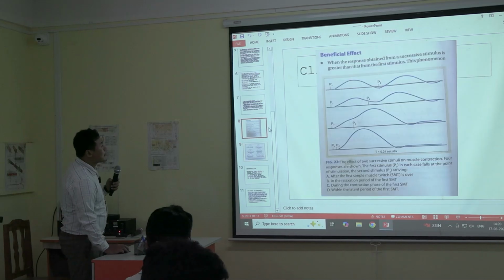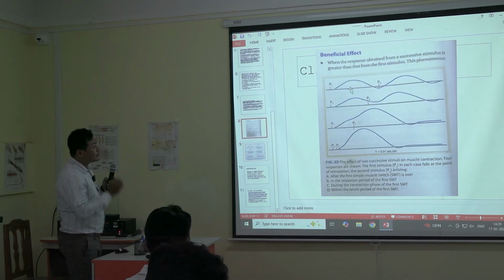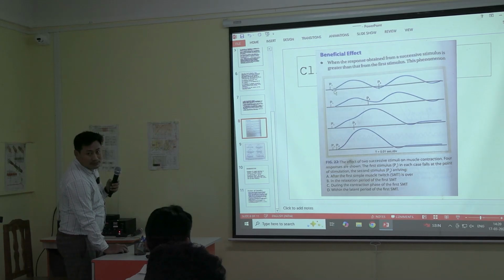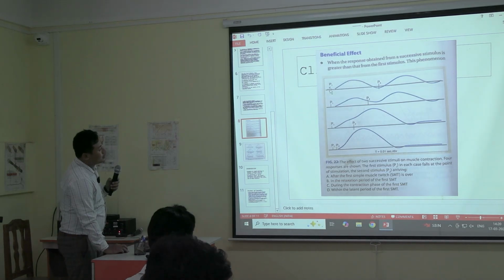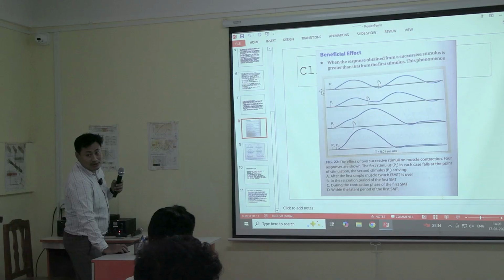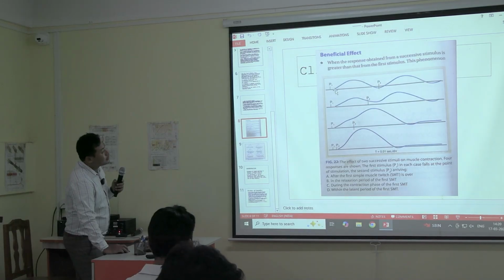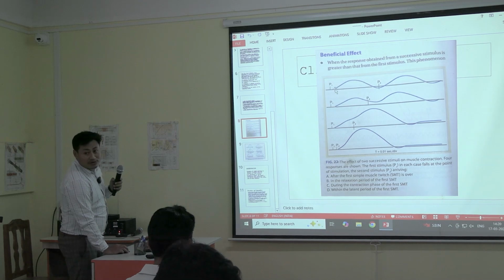Suppose this is the first stimulus. This is the latent period, from P1, the point of stimulus, to the initiation of contraction.